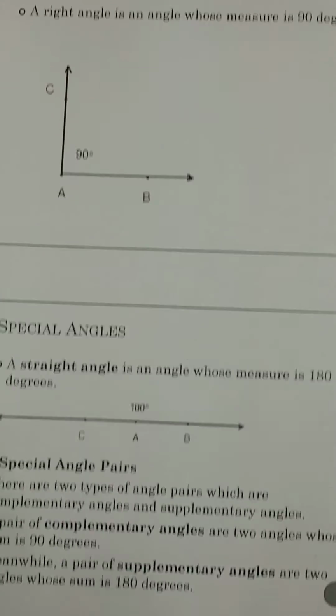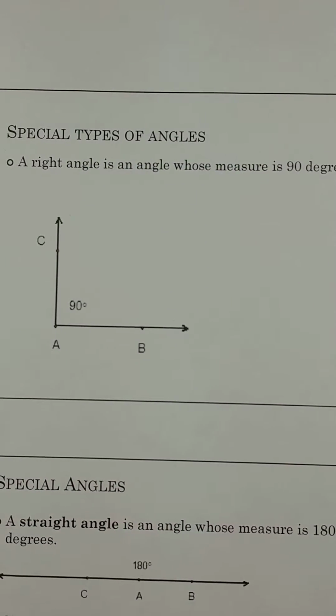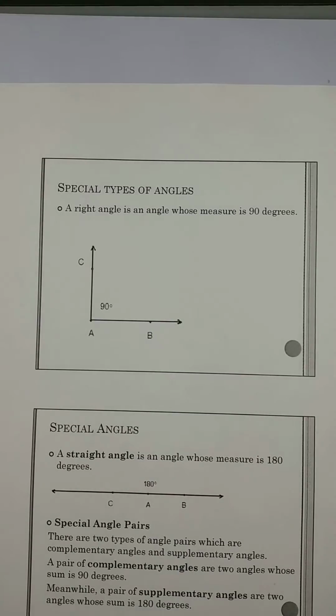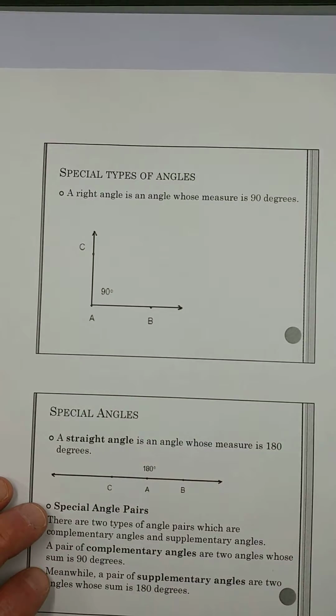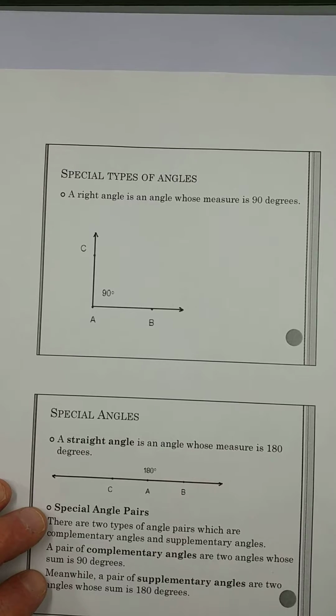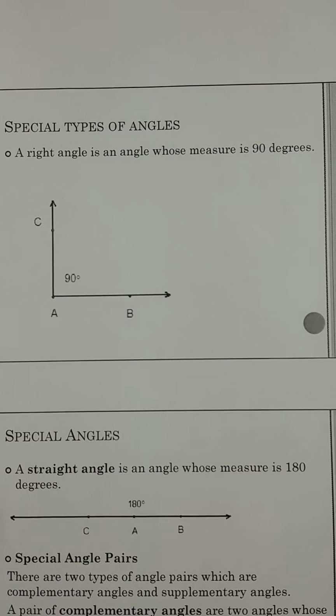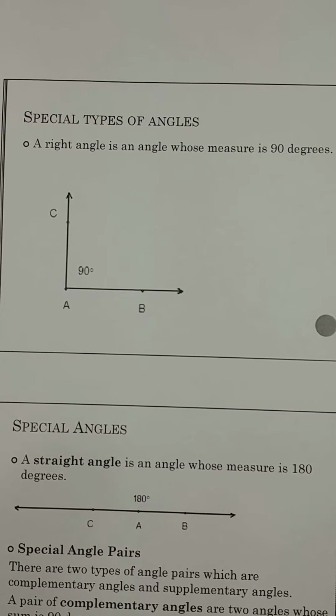Covering some basic, special types of angles. Let me zoom in a little bit. A 90-degree angle is a right angle.